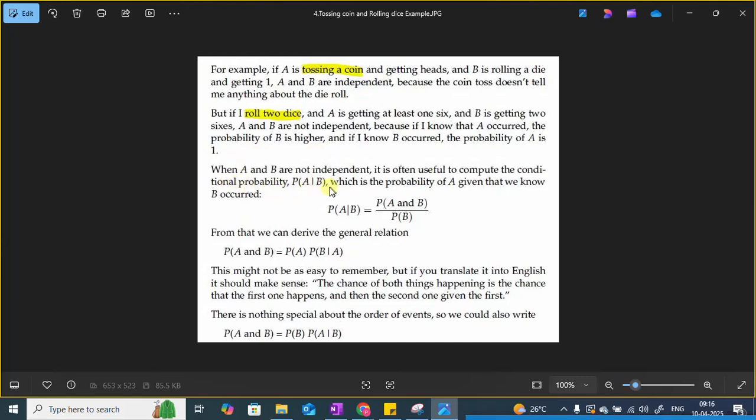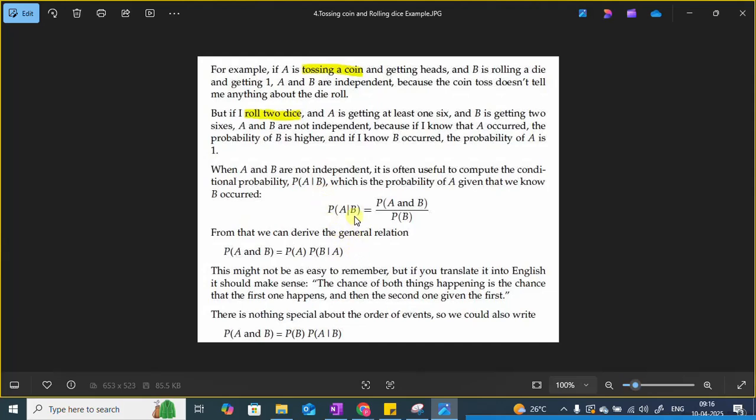When A and B are not independent, it is often useful to compute the conditional probability, that is P of A given B. This pipe symbol we generally read as probability of A given B, which is the probability of A given that we know B occurred.